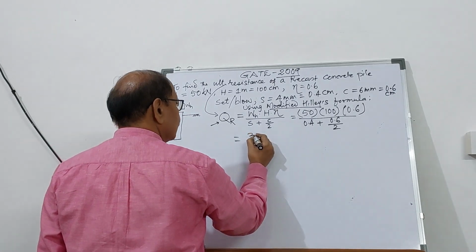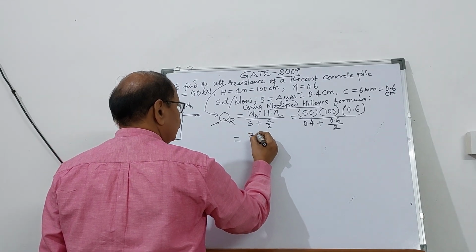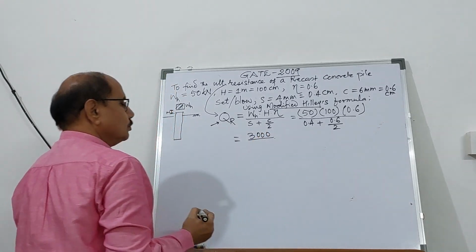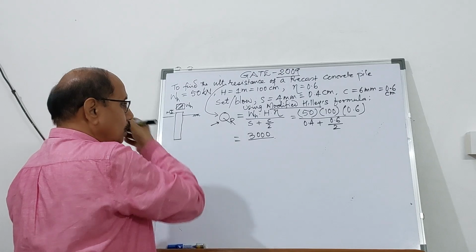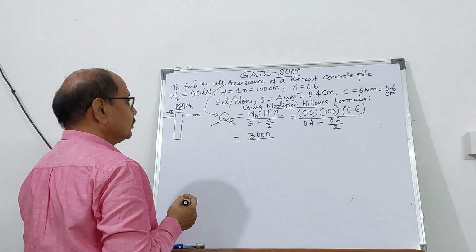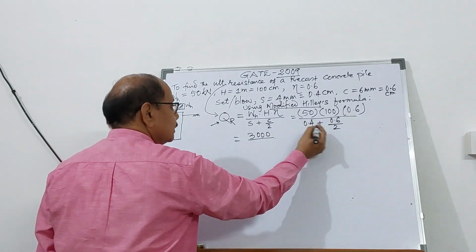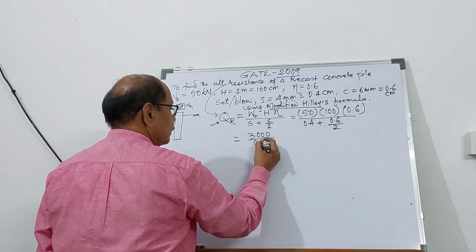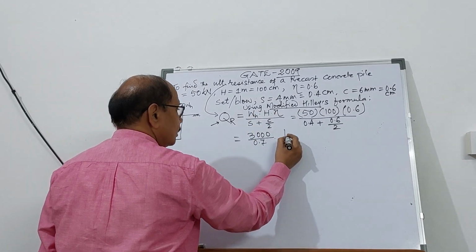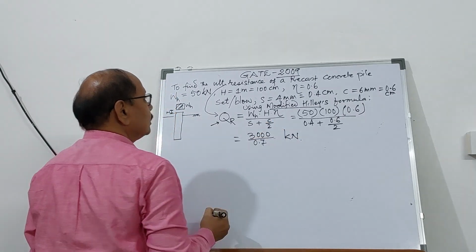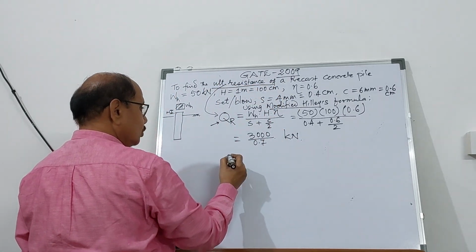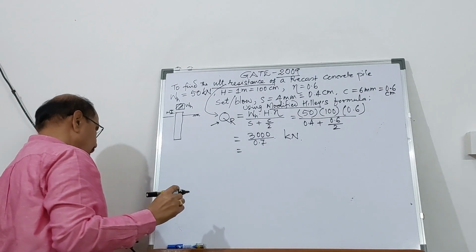So this becomes 3,000 and this becomes 0.7. So this will be the value. It is in kilonewton, therefore the ultimate resistance of the precast pile in kilonewton can be computed.